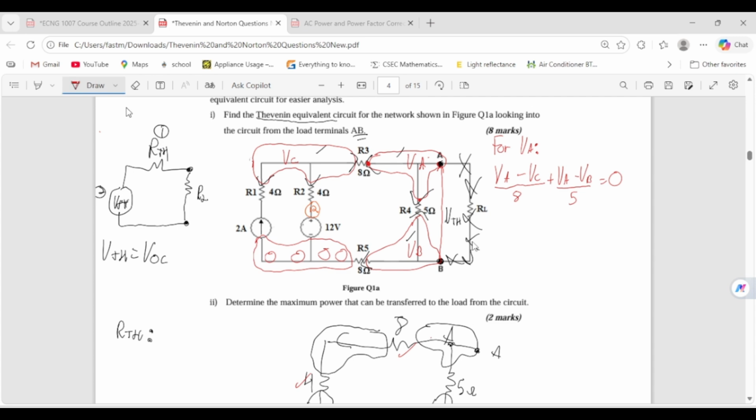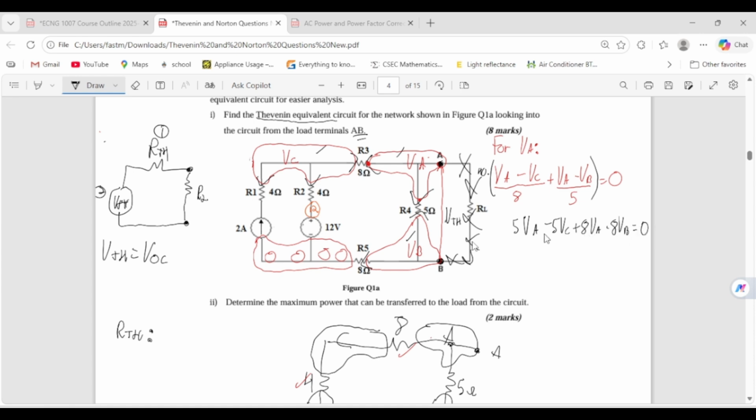And remember, we're trying to simplify. So you just multiply the equation by 40. So you multiply both equations by the 40, so you get 5 VA minus 5 VC. And then 5 into 40 is 8, so you get plus 8 VA minus 8 VB. And you make it equal to 0.